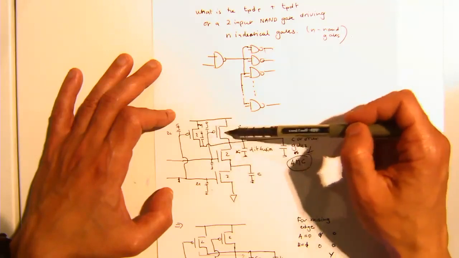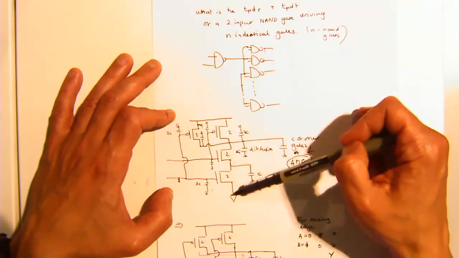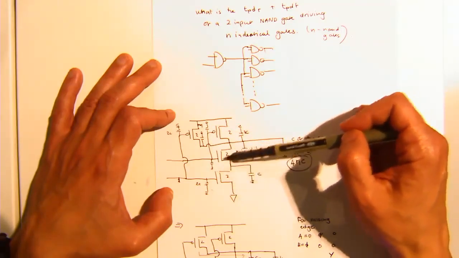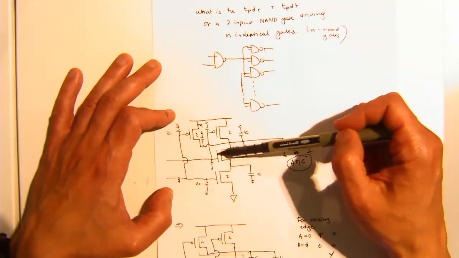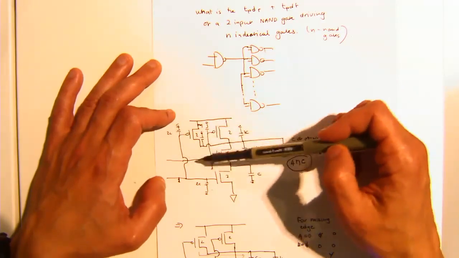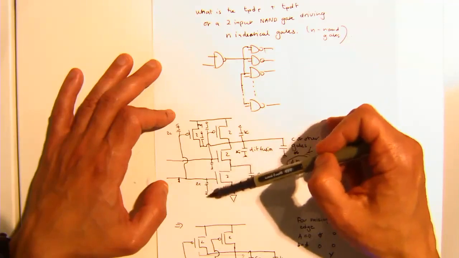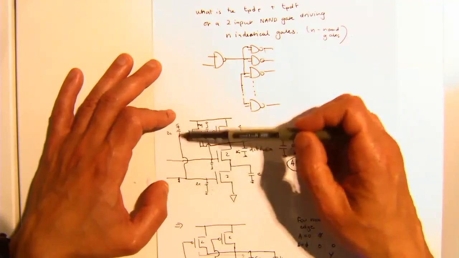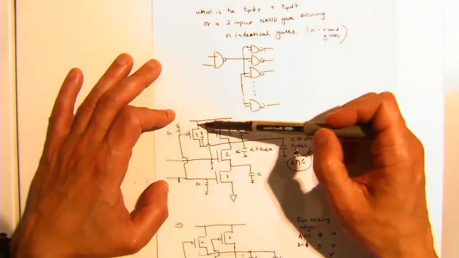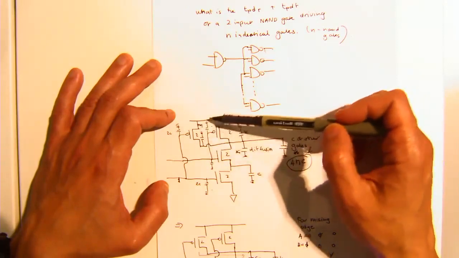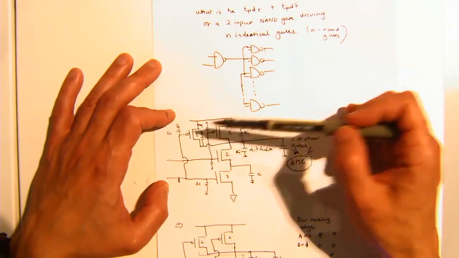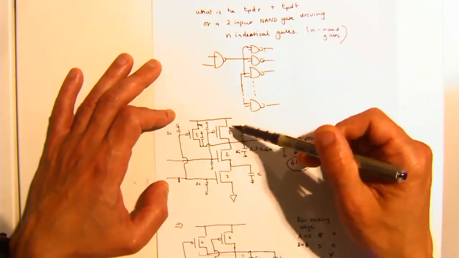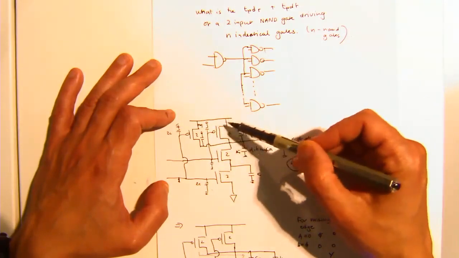Each one of these is R, and through the series circuit I'll make these twice as large, so therefore the resistance through each one of these is R1 and R2. The gate capacitance is going to be 2C, as we would expect, and there are the appropriate diffusion capacitances. So there'll be 2C there, there'll be a 2C there, right?